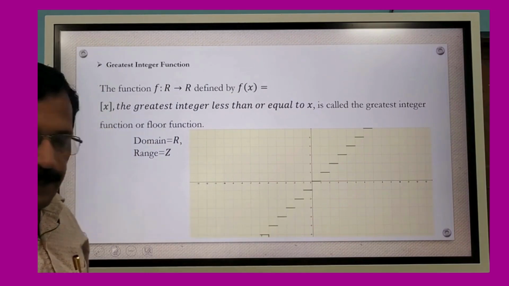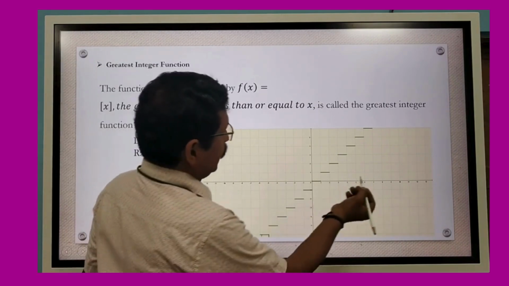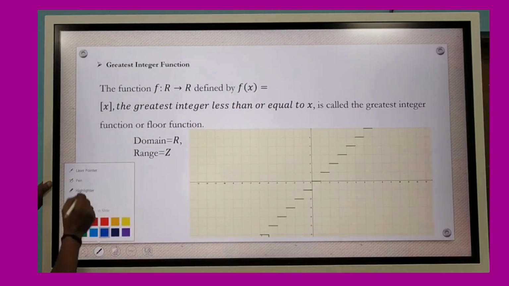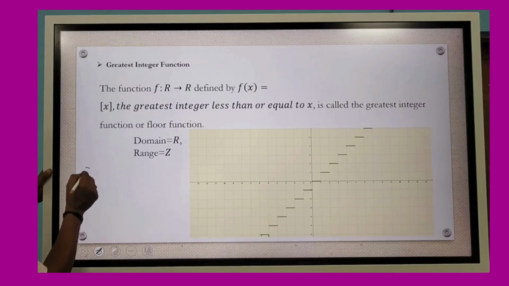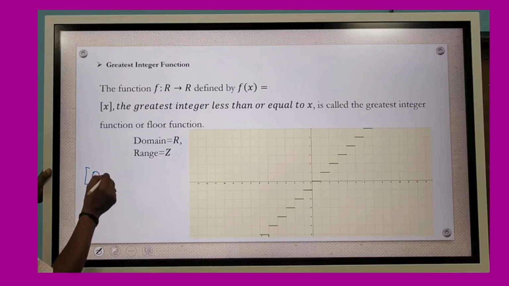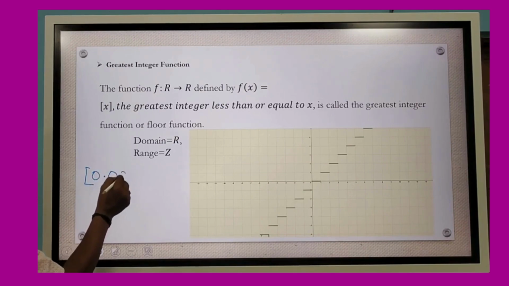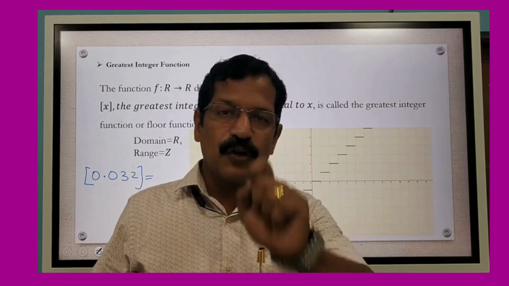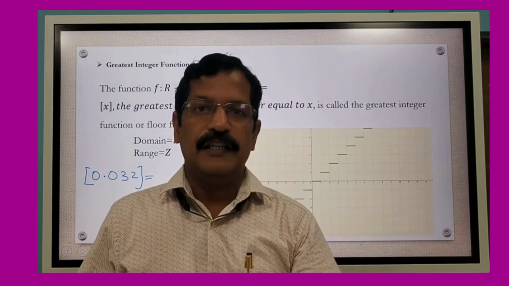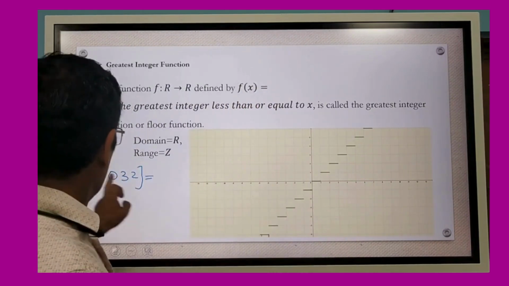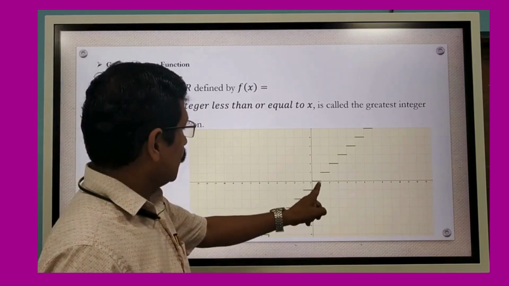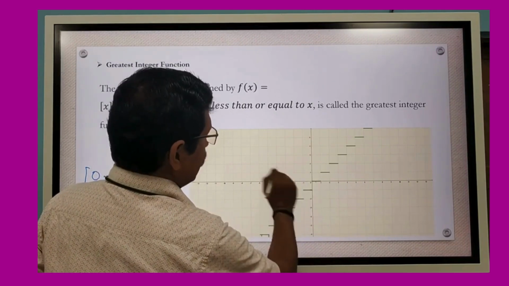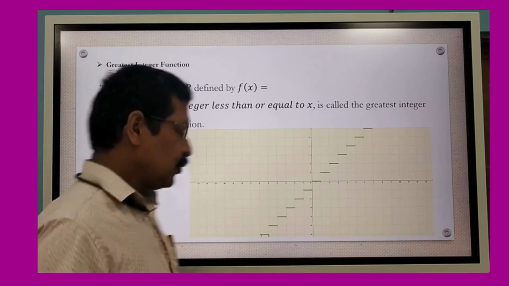From the graph it's clear, when the value of x is between 0 and 1. For example, suppose I am taking greatest integer function of 0.032, and that is equal to, now greatest integer function of 0.032 is the greatest integer less than or equal to 0.032. So 0.032 comes somewhere here and the greatest integer less than that number is 0.